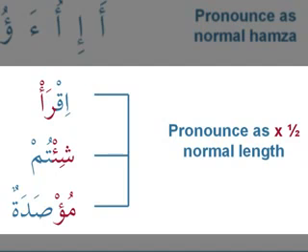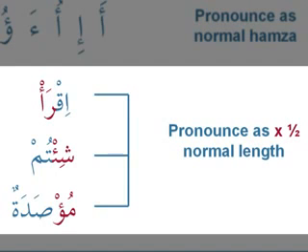So in all these three cases, we've got a sound followed by Hamza with Sakin. Okay, and we've done three examples, one with a Fatha, one with a Kasra, and one with a Dhamma. Now in the case you have a sound, and it will normally be a short vowel, i.e. the Fatha, Kasra or Dhamma, and it's followed by a Hamza with a Sukun, i.e. Sakin, you effectively pronounce the sound of the short vowel at half the normal length.